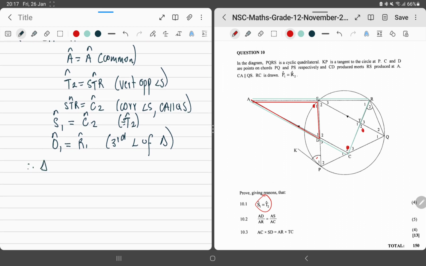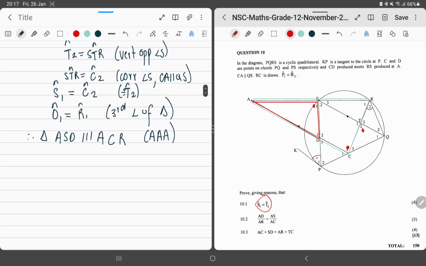Therefore, triangle ASD is similar to triangle ACR, angle, angle. This is because of angle. Now we will use the ratio. AS goes with AC, so this is over AC, and then SD goes with CR, the first and the last letters.